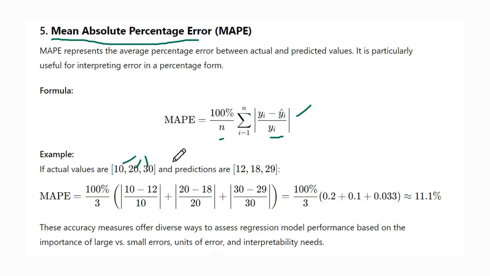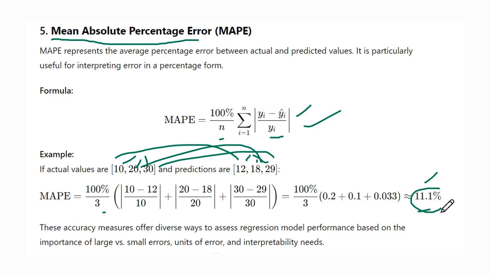If you apply some instances to the model, let us assume the predicted values are 12, 18, 29. Substituting these into the equation: 100% by 3 observations, 10 minus 12 by 10, 20 minus 18 by 20, 30 minus 29 by 30. We get the value 11.1%. So this is the mean absolute percentage error.